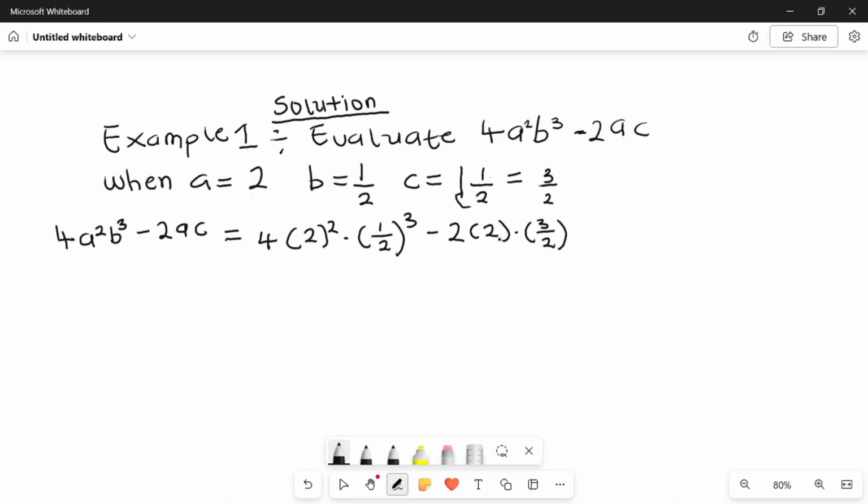So if we further break this down, if we simplify it, we'll have 4 times 2 times 2, times 1 over 2 times 1 over 2 times 1 over 2, minus 2 times 2 times 3 over 2. 1 over 2 raised to power 3 is simply 1 over 2 in 3 places.